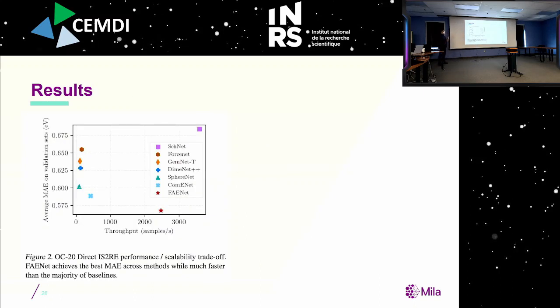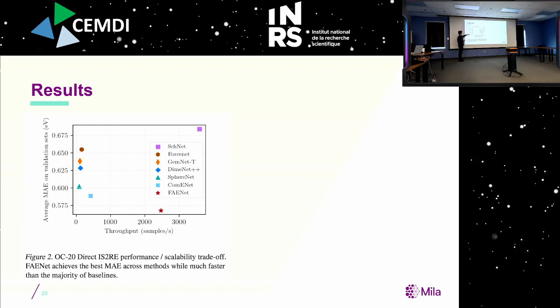OK, so this is the figure of results. I'm almost done. Basically, we find that this FANET framework enables you to be basically optimal with respect to both speed and accuracy. So this is on OC20. And so you can see on one axis, this is the accuracy.